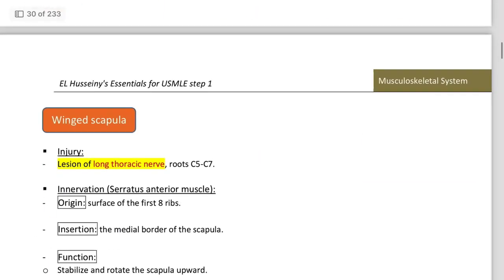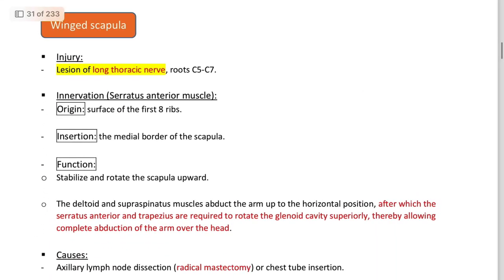Okay, next one, wing scapula. In wing scapula, we can see a lesion of the long thoracic nerve and roots C5 to C7. This nerve innervates the serratus anterior muscle.